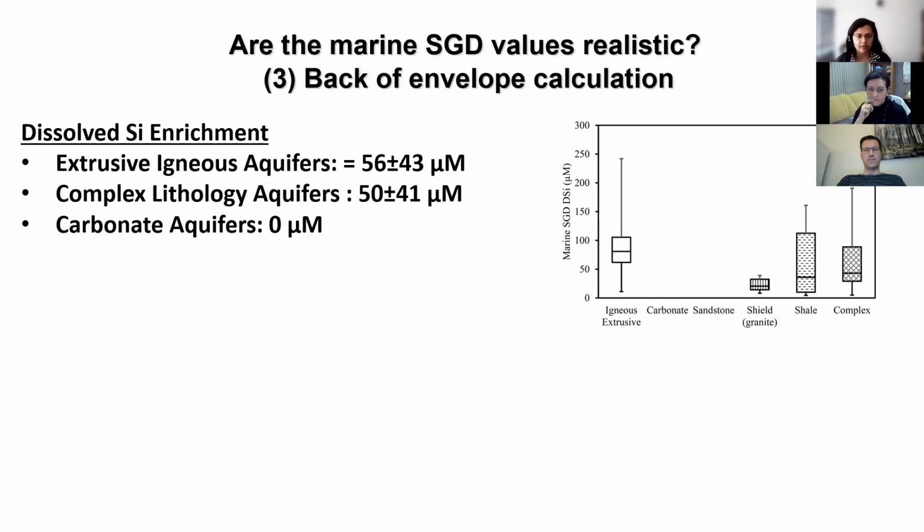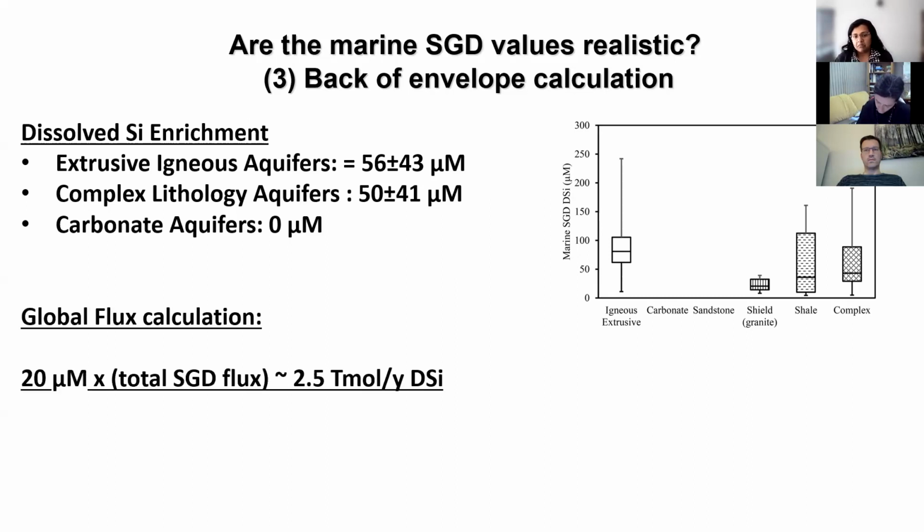Based on these experiments, another thing that we did was these back of the envelope calculations. So we looked at the dissolved silicon enrichment in these different end members. The carbonate end member did not have any enrichment in the marine SGD portion, but the extrusive igneous and the complex lithology aquifers did. They had about a 50 micromolar enrichment in that marine SGD end member.